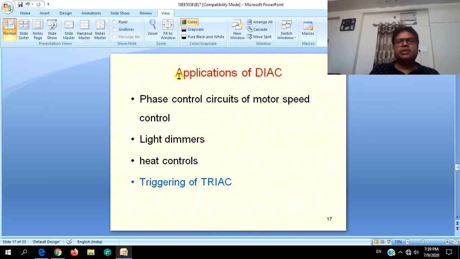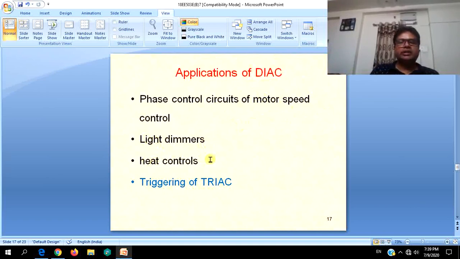Next one is applications of diode. Again, we have discussed these things. Phase control circuits of motor speed control. Phase control is the procedure with which the actual power input to the load is given, or power output from a power supply. Power input from a power supply is controlled by the phase control procedure, and its output is given as the input to the load, motor speed.